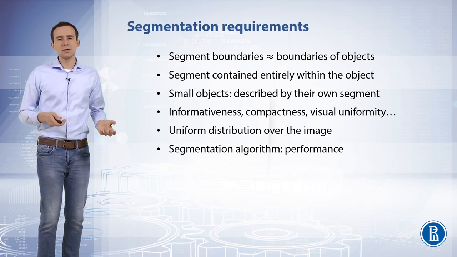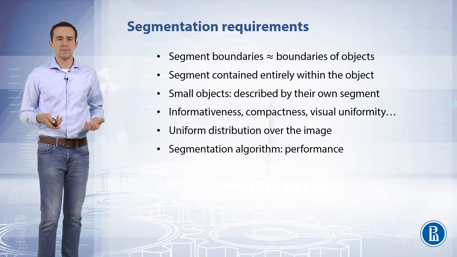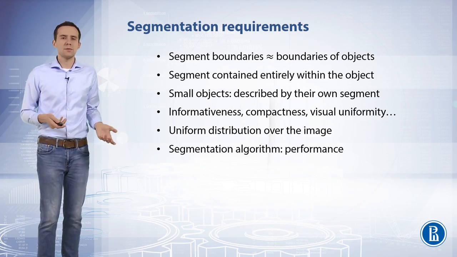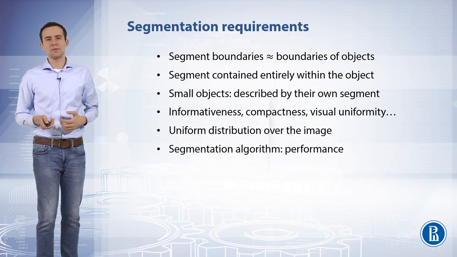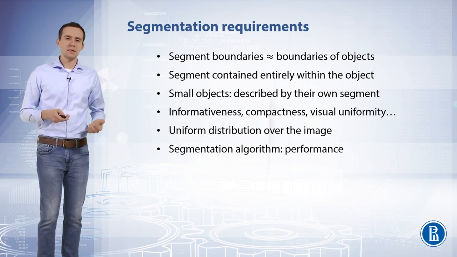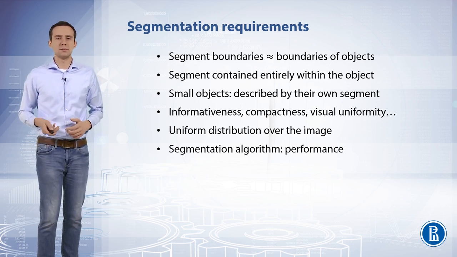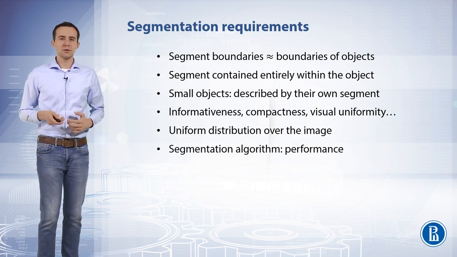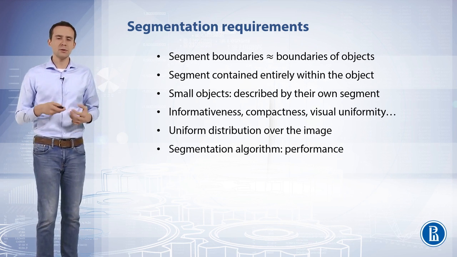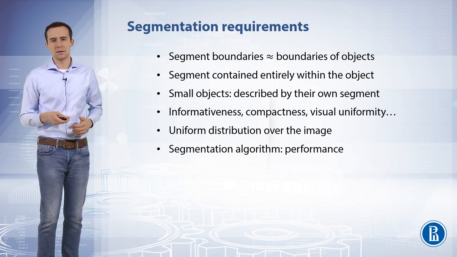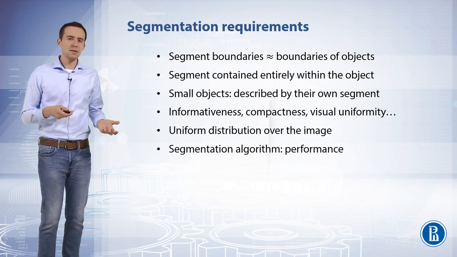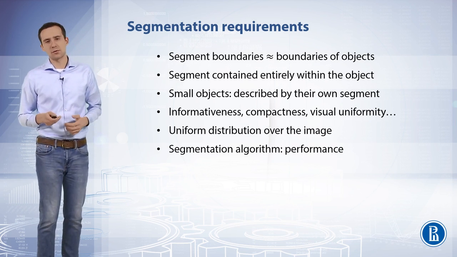What conditions should the segments satisfy? First, segment boundaries must correspond to the boundaries of objects. The segments must be contained entirely within the owner objects. Small objects should not be a part of a segment, but should be described by their own segment. The segments should be uniform in terms of visual characteristics.